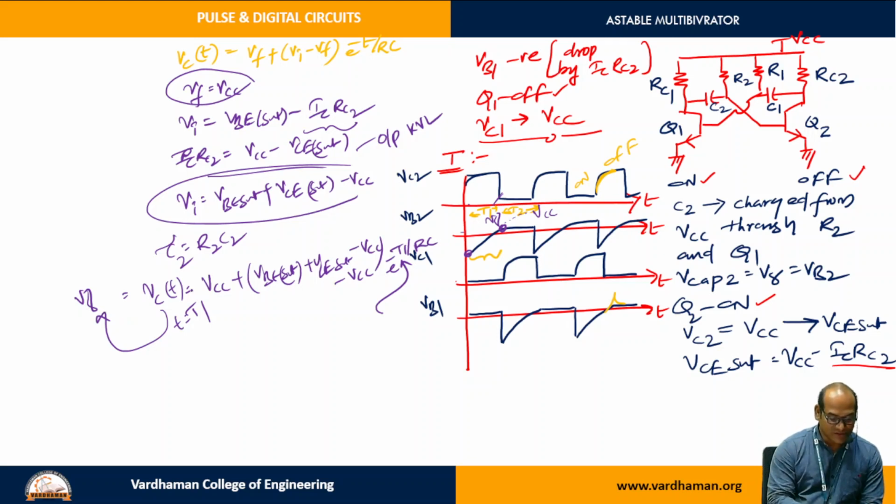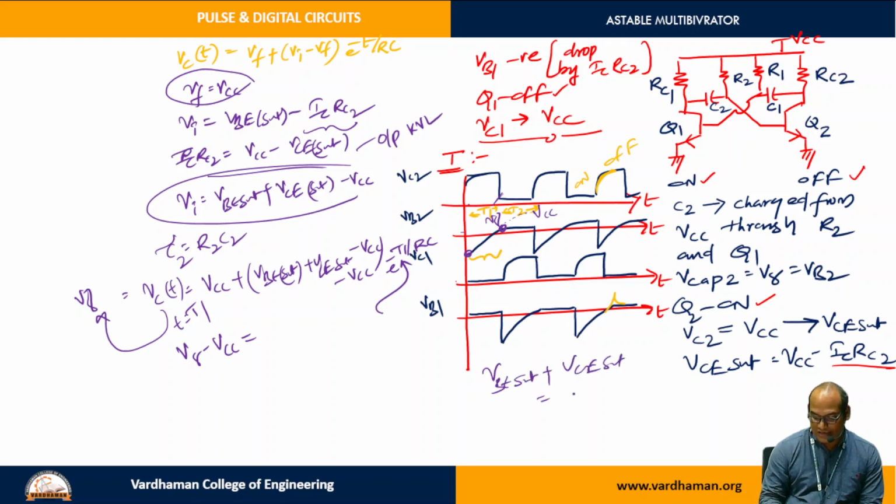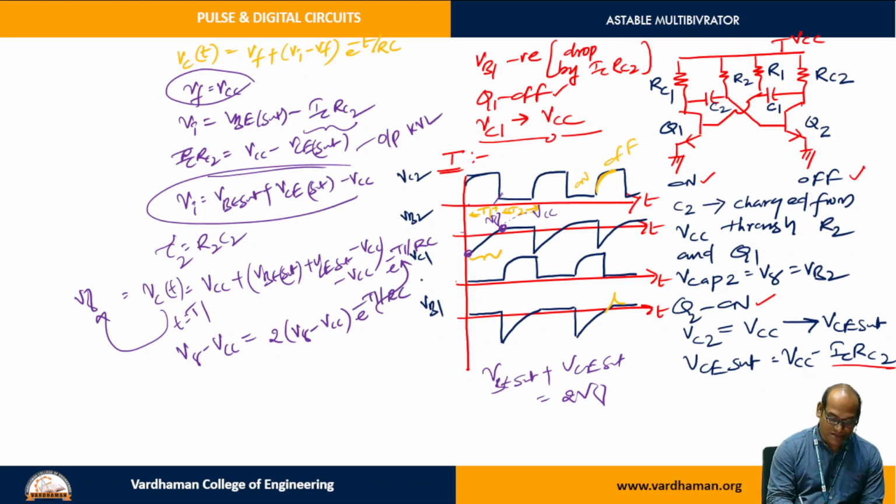Send this VCC to the left side, that is V gamma minus VCC we will get. And here a very important point is VB sat plus VC sat is actually approximately equal to 2 times V gamma. You can check it with the practical values. So here 2 times of VCC is there. So if you take 2 common, V gamma minus VCC into e power minus T1 by RC.